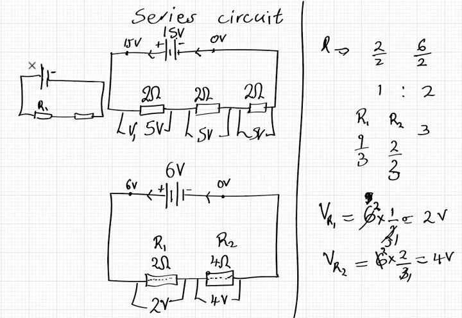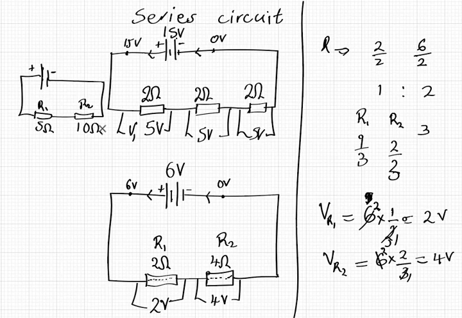So this is the negative terminal, this is the positive terminal, this is R2. Supposing the value here is, what can we say? We're just going to double this. Let's say 5 ohms. And this will be 10 ohms.